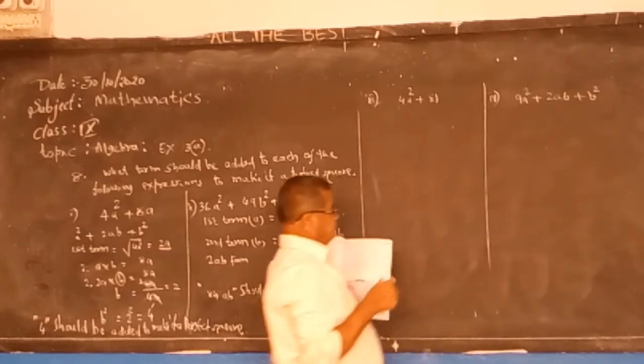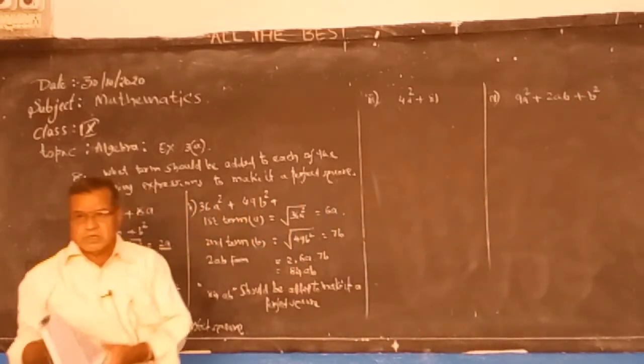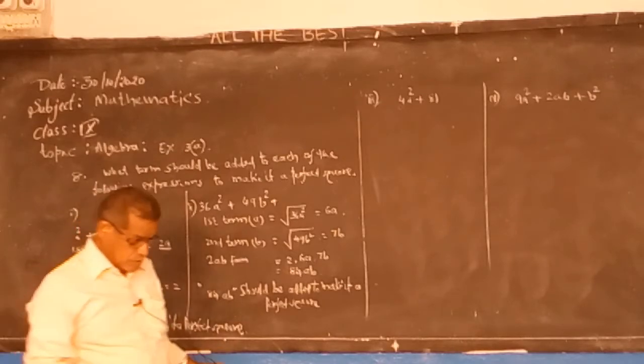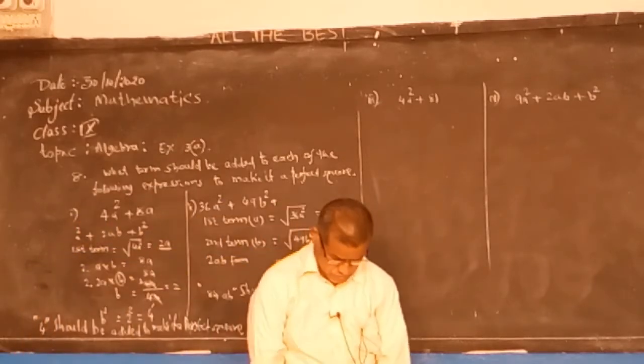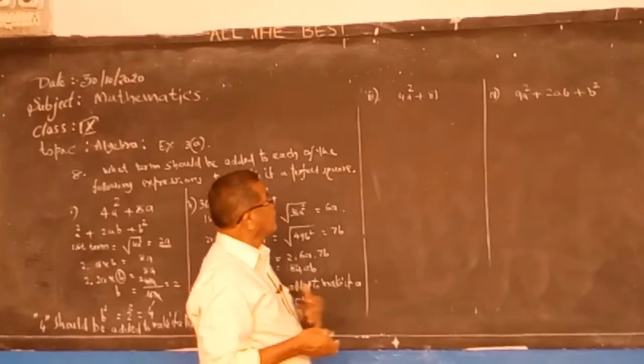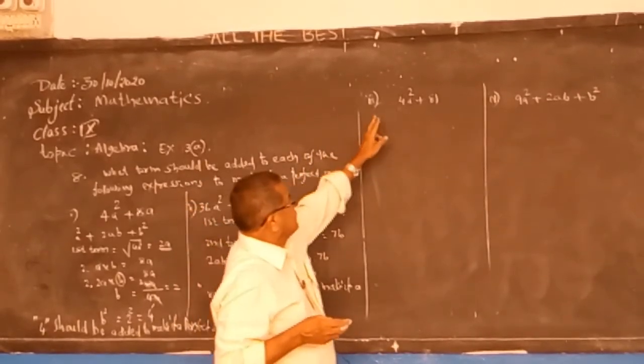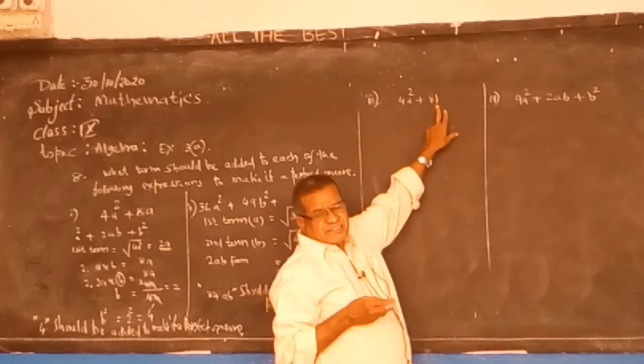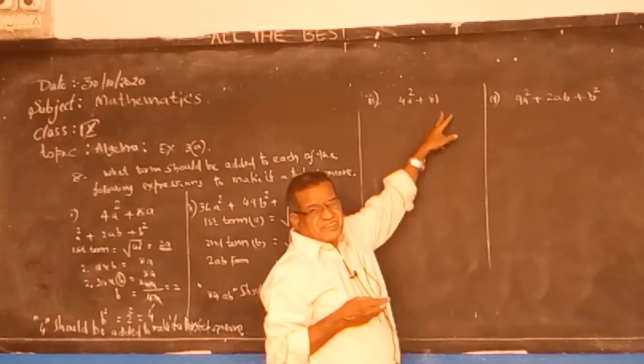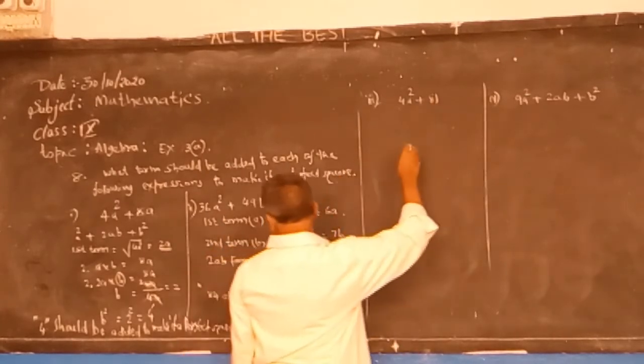Okay. See, this is also the same as the second. The a squared form is there, b squared, 9 squared. Same, you can do the same problem.